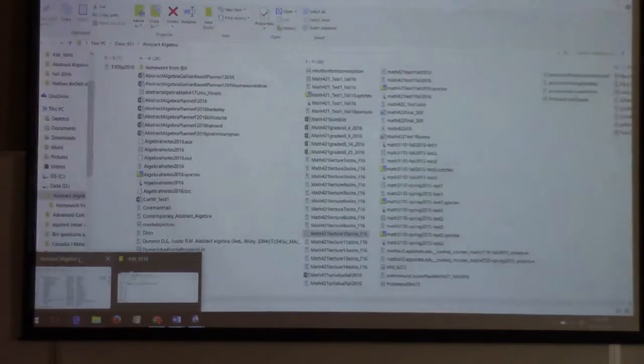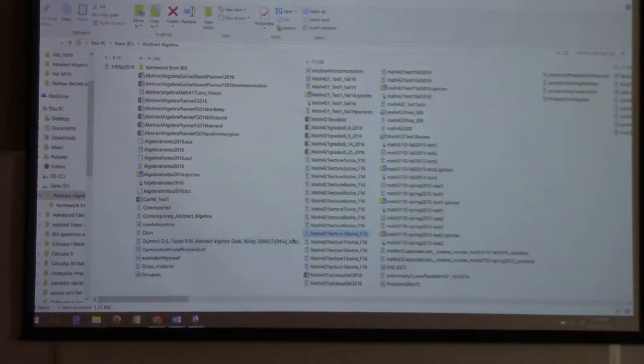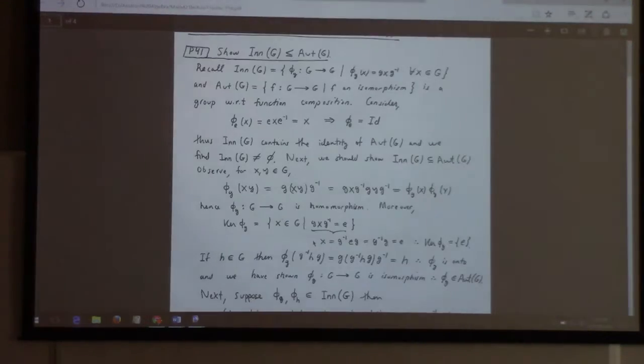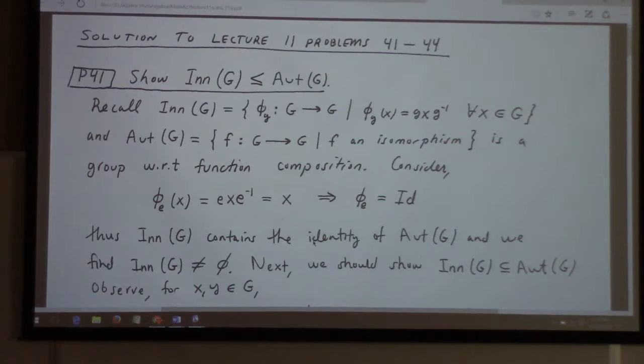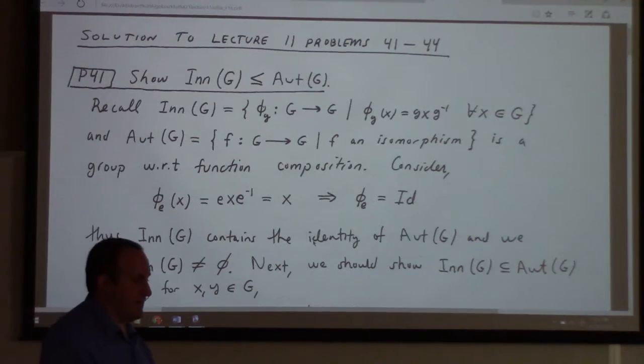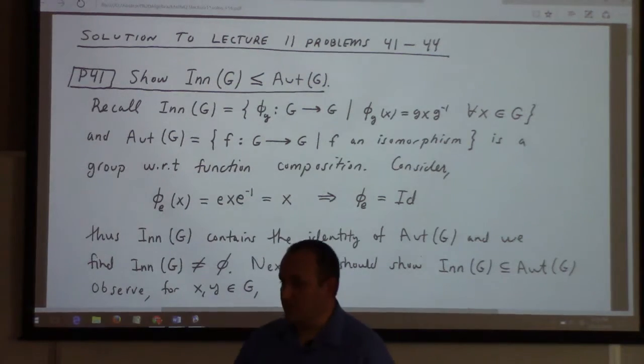All right. So 11. Show that the inner automorphisms of G is a subgroup of the automorphisms of G. So context here, this is a subgroup of the permutations of G, permutations of G being bijections of G. Automorphisms of G are bijections which are also homomorphisms of G to itself.